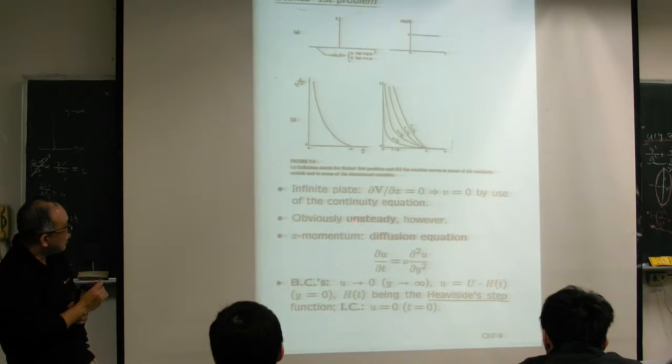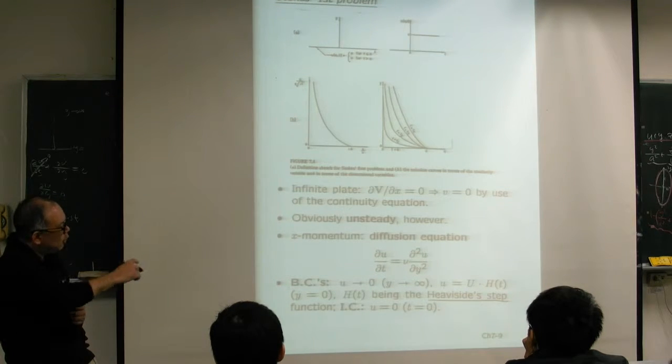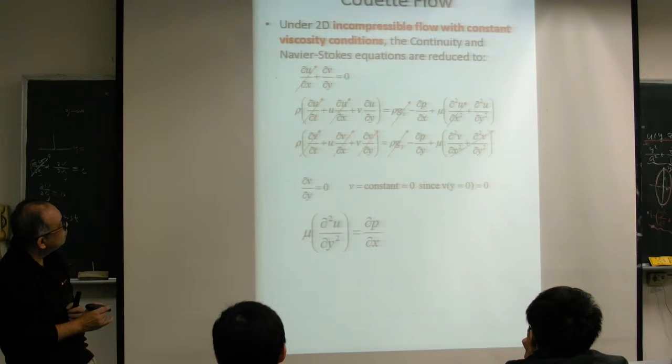So we have an unsteady flow, and our governing equation reduces to this. I should give you the full Navier-Stokes equation, and from here you can reduce it. Our partial u partial t is not equal to 0.